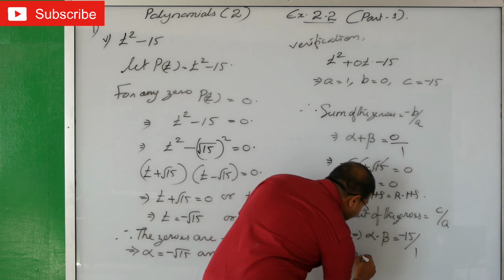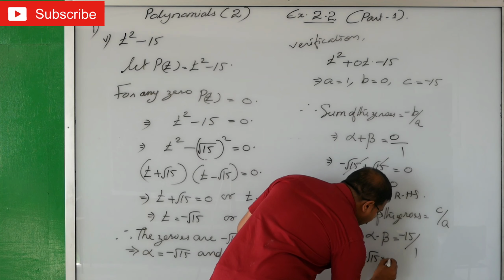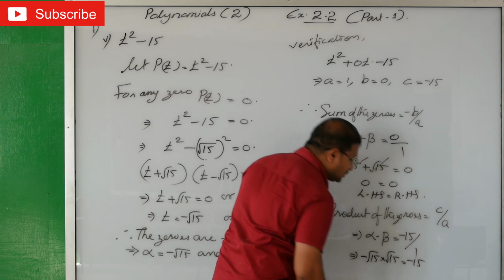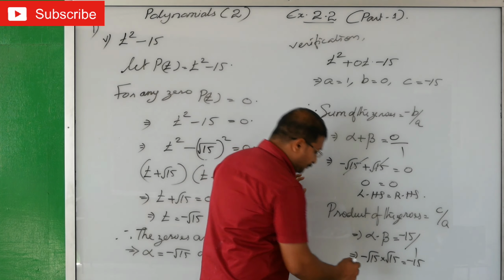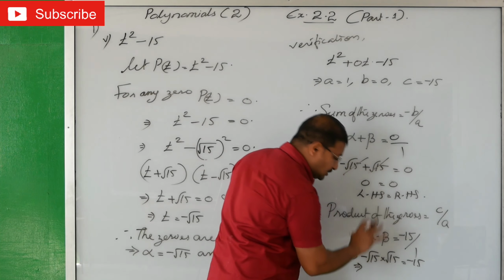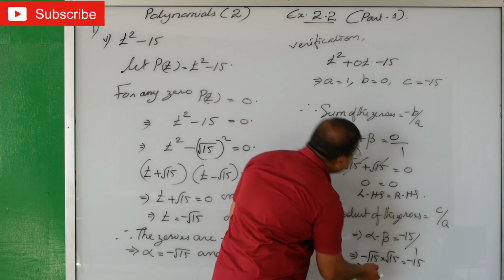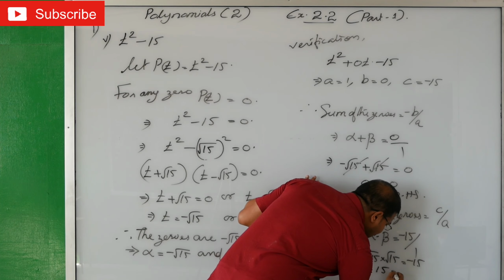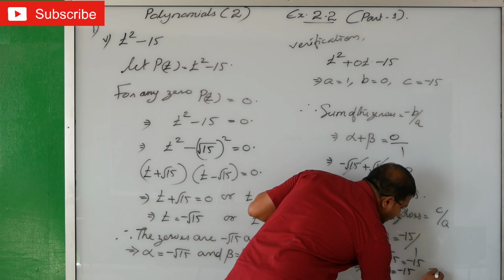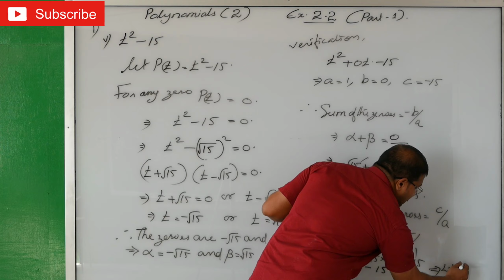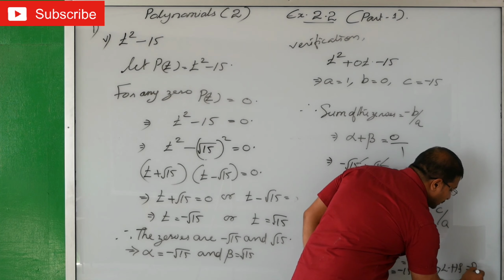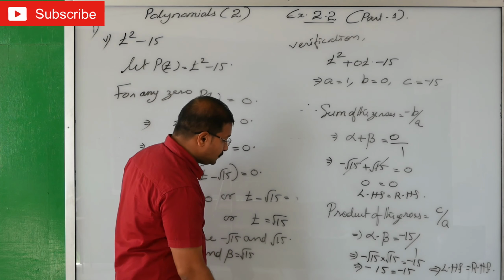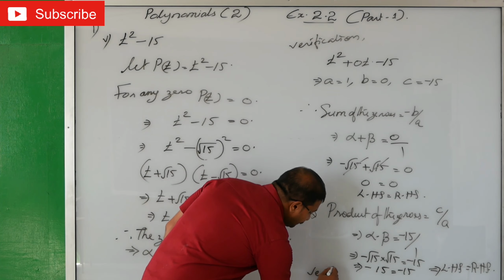So, minus root 15 into plus root 15 equals minus 15 by 1, which is minus 15. This implies minus, just keep it, root 15 and root 15, what will you get? 15. That means minus 15 equals minus 15. That implies LHS equals RHS. That means verified. Ready? That means verified.